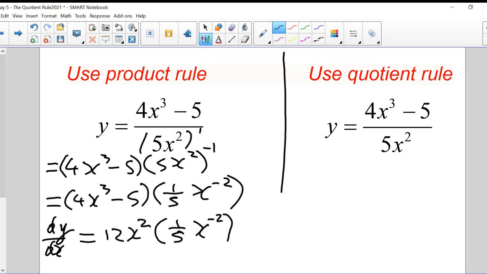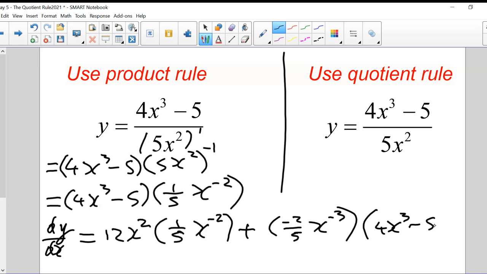I'm not deriving that part. Then I'm going to add to that the derived second one. Now, think about that -2. So it's going to be -2 over 5 x to the -3 times 4x^3 minus 5.